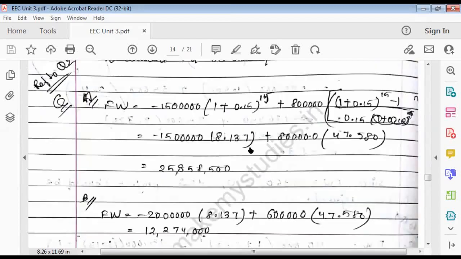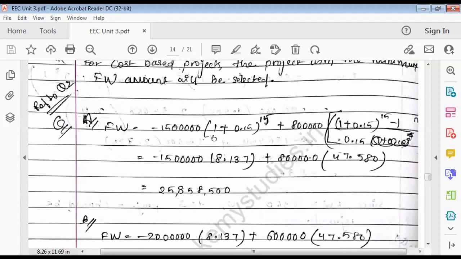And the suggestion I used to give for the present worth method, I'll also give the same suggestion. Once you calculate this, whose value is 8.137, you remember this value, because for B and C you need not repeat.